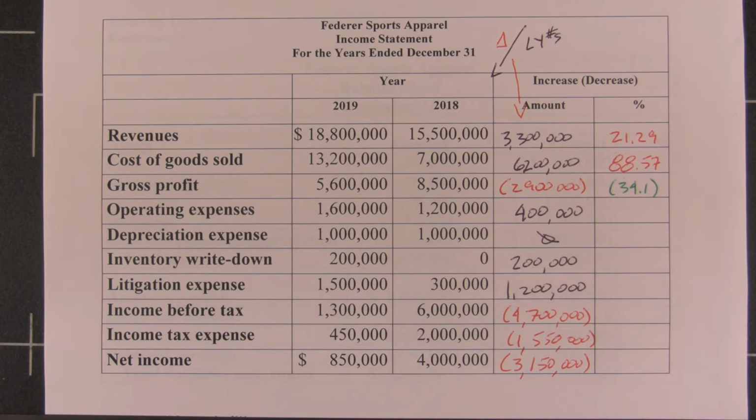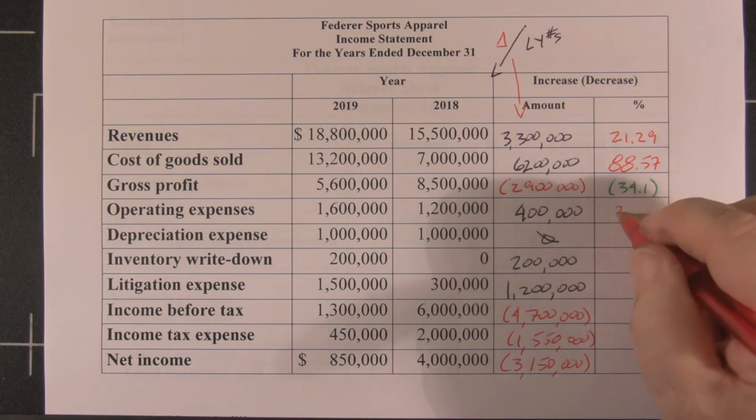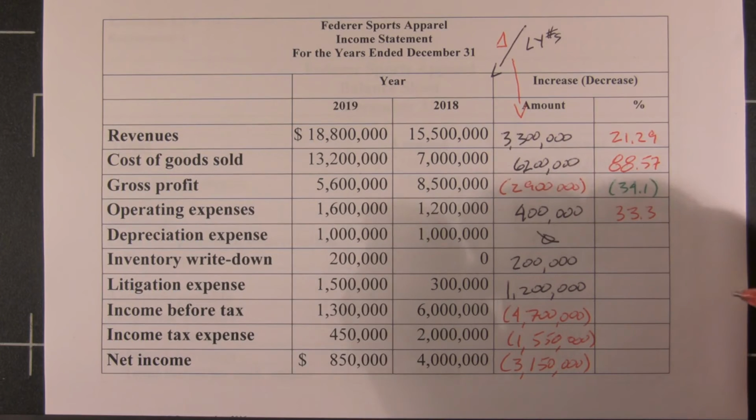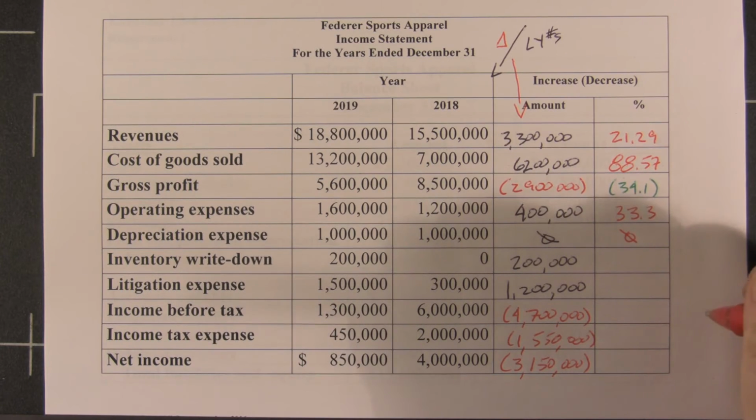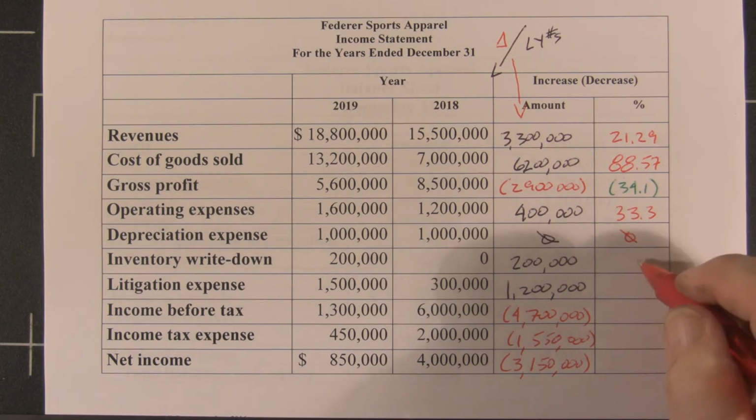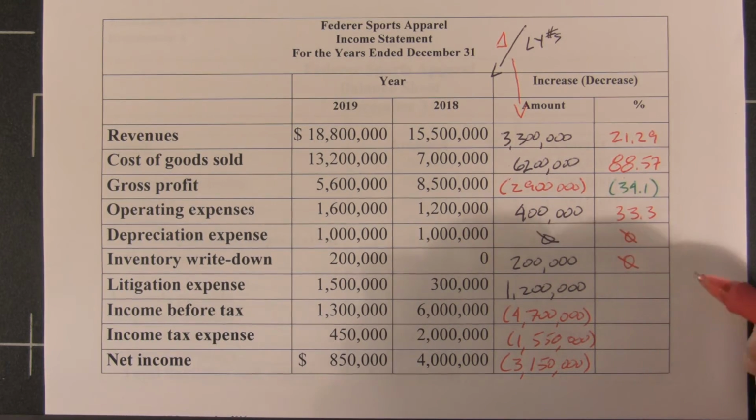My operating expenses were 1.2 million, now they're 1.6. They've gone up 400,000. That's a 33.33% increase in operating expenses. You can't do that for depreciation, because you can't divide any number into zero or zero by zero.